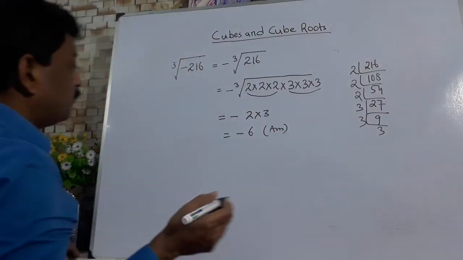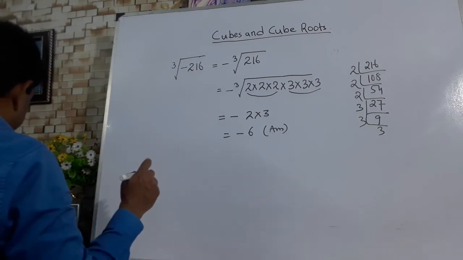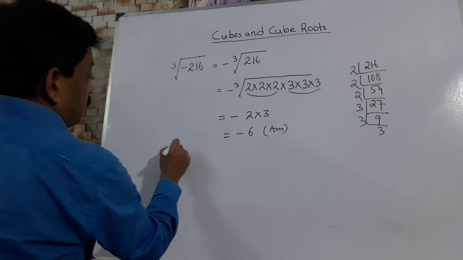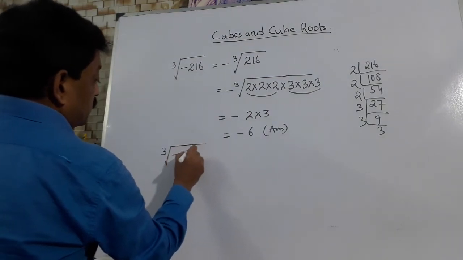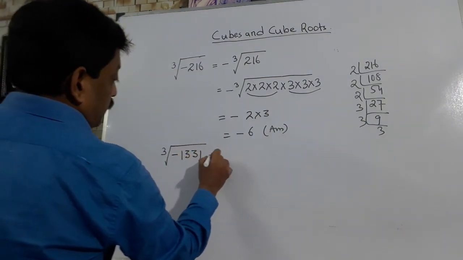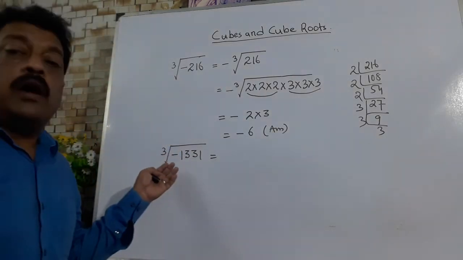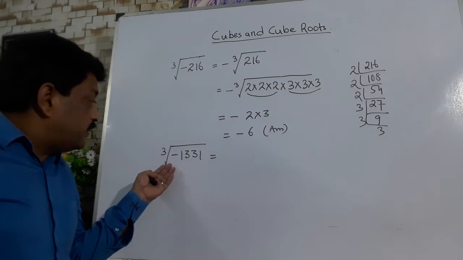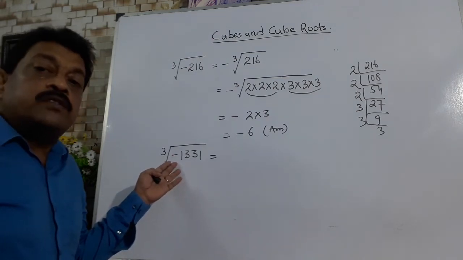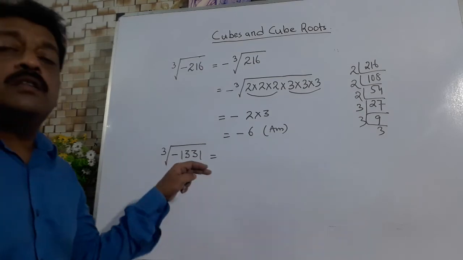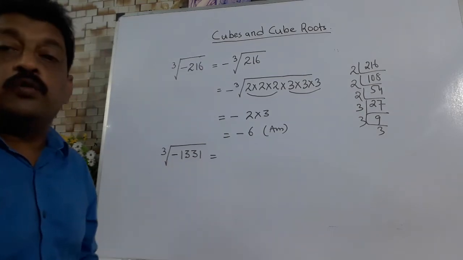Now let me give you one more example, that is cube root of minus 1331. Now I can solve this by keeping the negative sign inside also. We all know that 1331 is a perfect cube of 11.